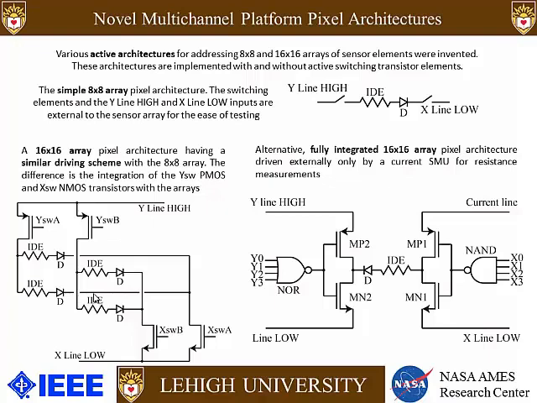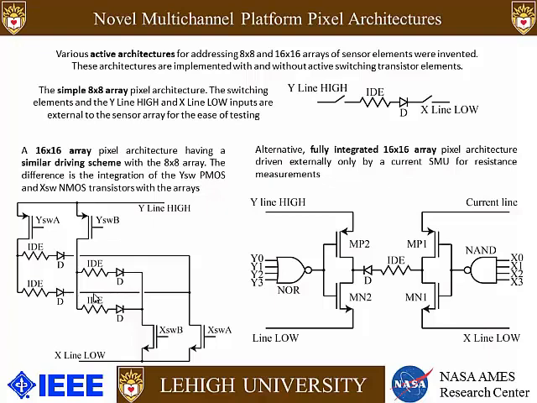And I'm going to present to you three of the approaches that we use for this active gas sensor implementation. So the first approach is we fabricated only the interdigitated electrodes in series with the diodes, and then externally these switches with the Y line high and the X line low are going to be connected through the multiplexing and demultiplexing, and we're going to force current through Y line and X line in order to acquire the measurement.